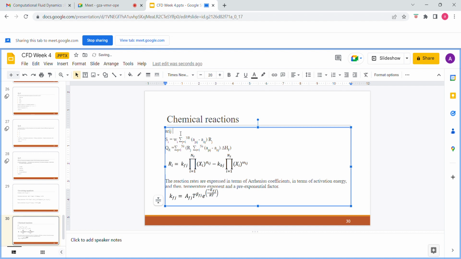Okay, times x1 plus AR2j times x2. Together with more reactants, let us consider it is giving a product AP.